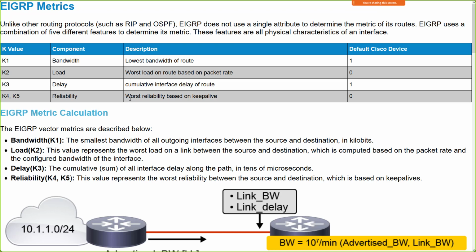But with EIGRP, we use something called a composite metric. A composite metric is a complex metric that uses lots of different variables to calculate the best possible path.